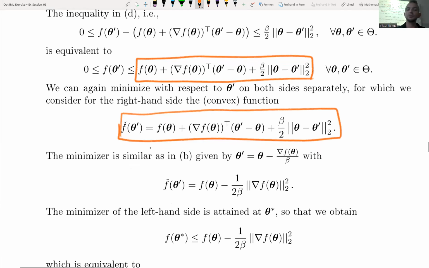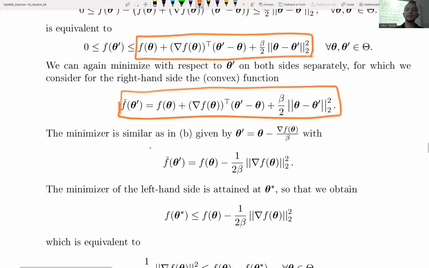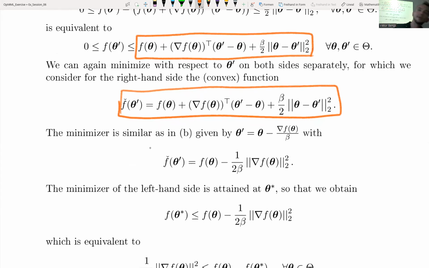Here again, computing the gradient, setting it to 0. Don't make the sign error as I did before. This will lead you to theta prime being more or less the same minimal value as before, only with the alpha replaced by the beta.